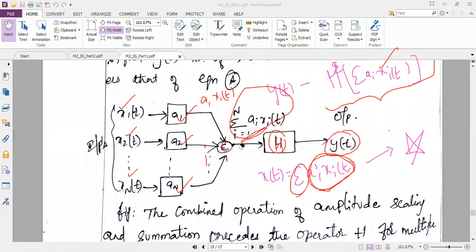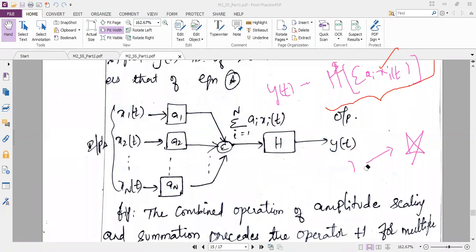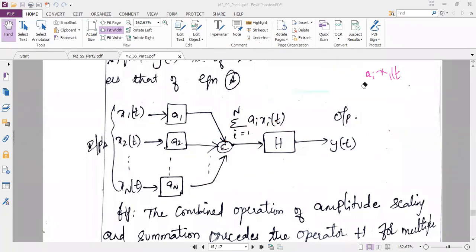So I hope you understood this diagram. First we found the sum of inputs along with the scaling factors, then we performed the operation h so that we got the output y.